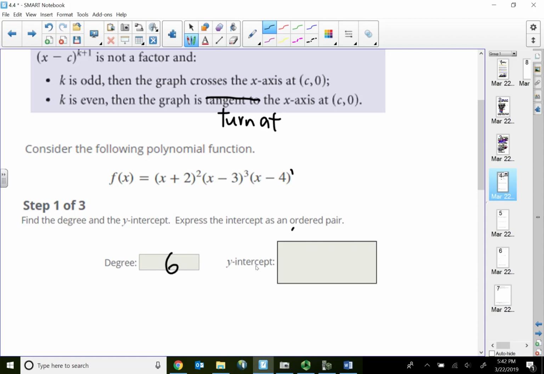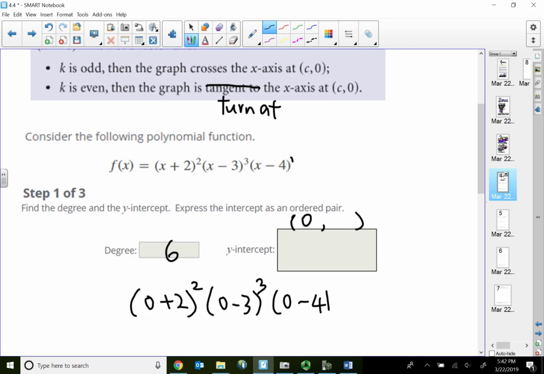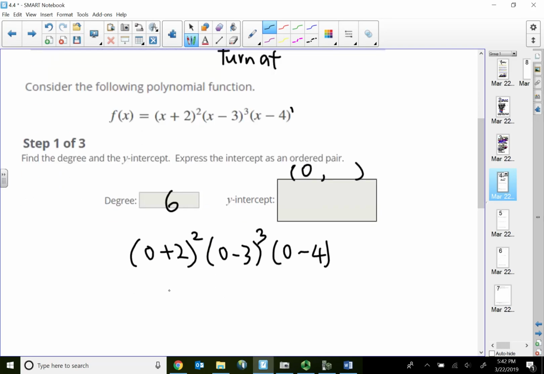Y-intercept, as you can recall, means find y when x is equal to 0. If I substitute 0 for x into my function, (0 plus 2) squared, (0 minus 3) to the third, and (0 minus 4), then all I'm going to end up with is 2 squared, negative 3 to the third, and negative 4 to the first.